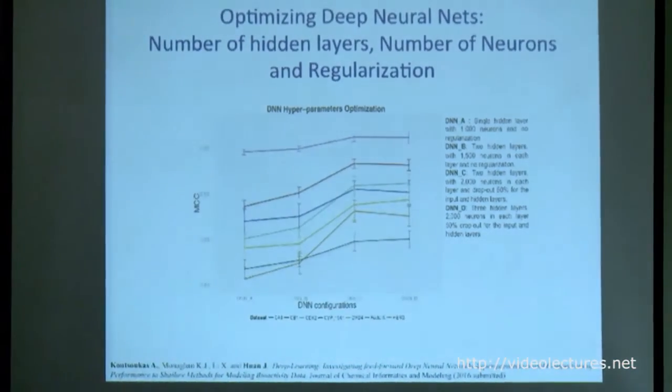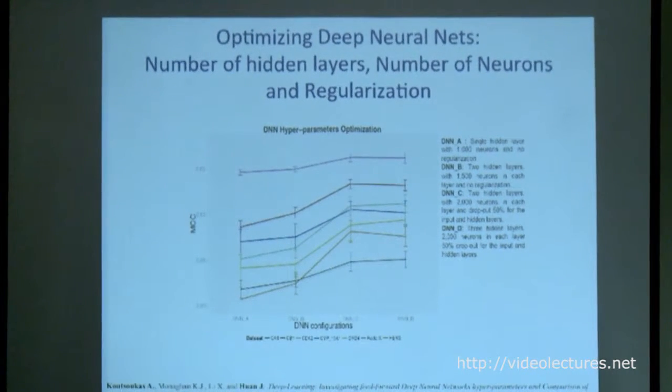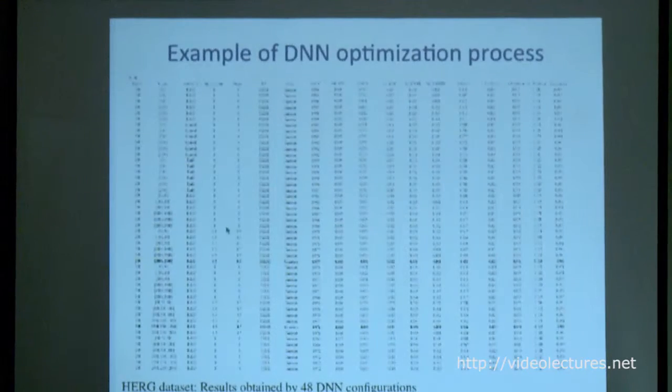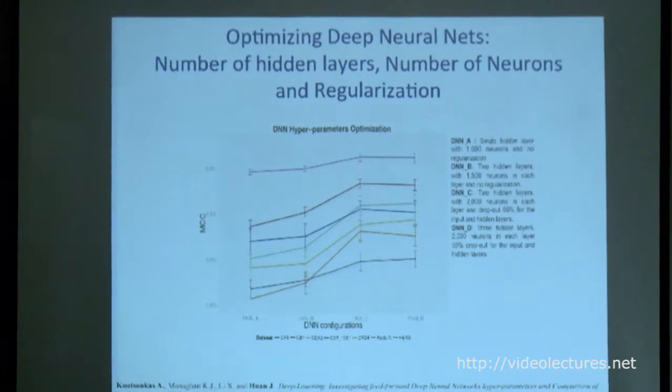Then the second question: how many hidden layers are we going to have? We first see what happens with just a single layer, then two layers without regularization, 2 layers with regularization, and 3 layers with regularization. Each line here is a data set. We have 7 data sets, so we have 7 lines, and for each line we have 4 points.